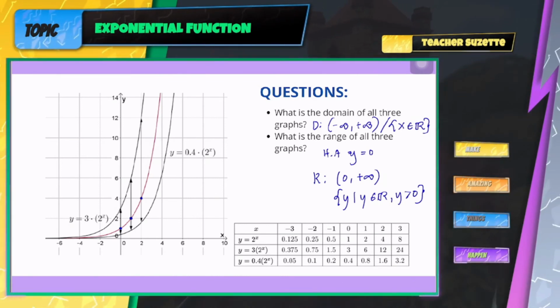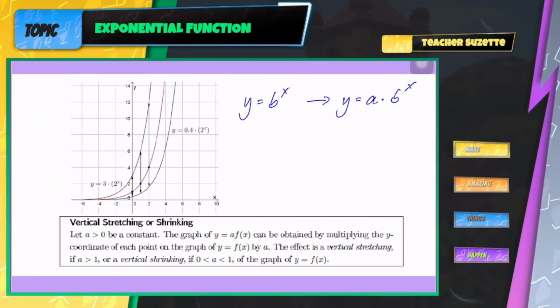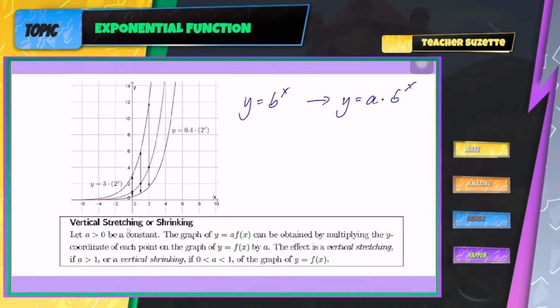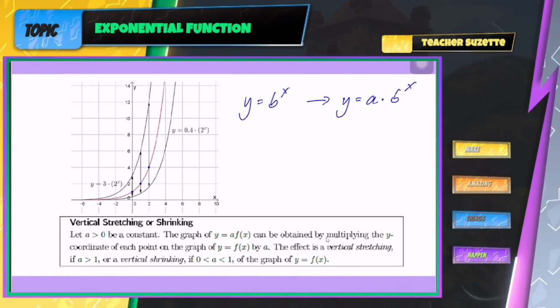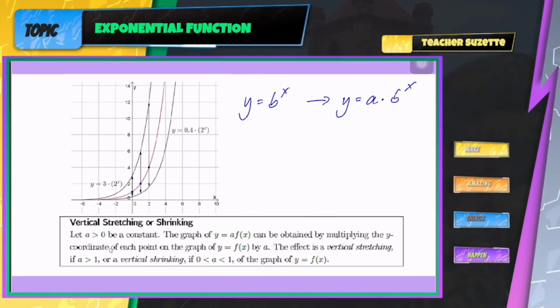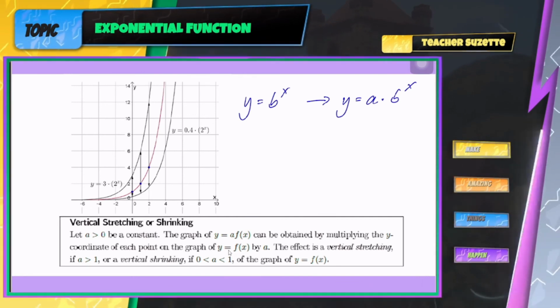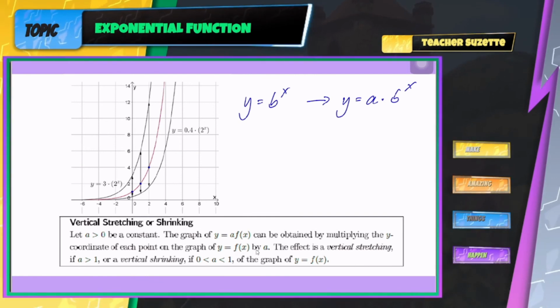The transformation that happens to your graph when you multiply a value or a constant a to your original form y is equal to b raised to x is what you call vertical stretching or shrinking. So sabi daw po dito, let a be greater than 0, a constant. Then, the graph of y is equal to a times f of x can be obtained by multiplying the y coordinates of each point on the graph of y equals f of x by a.